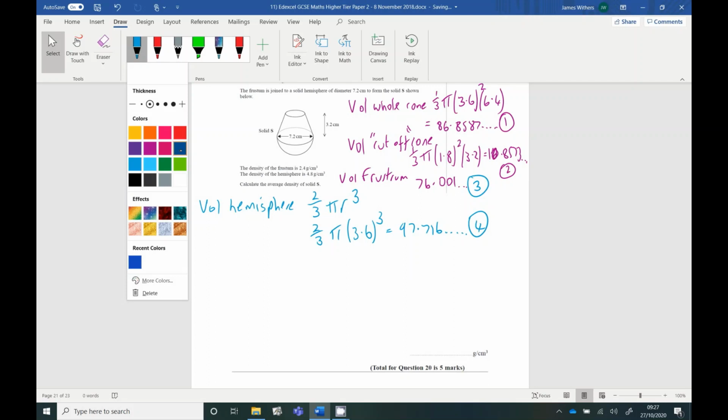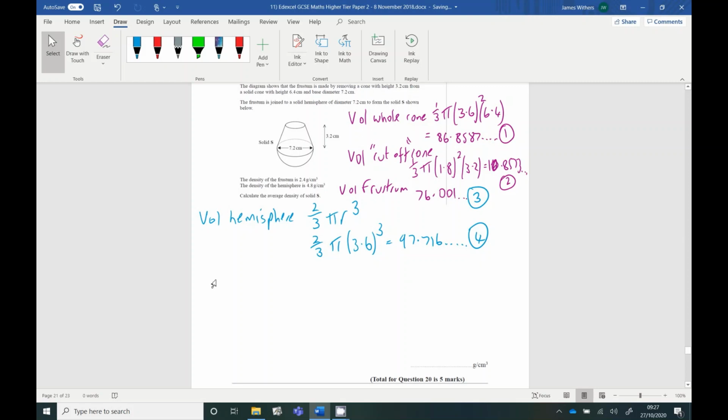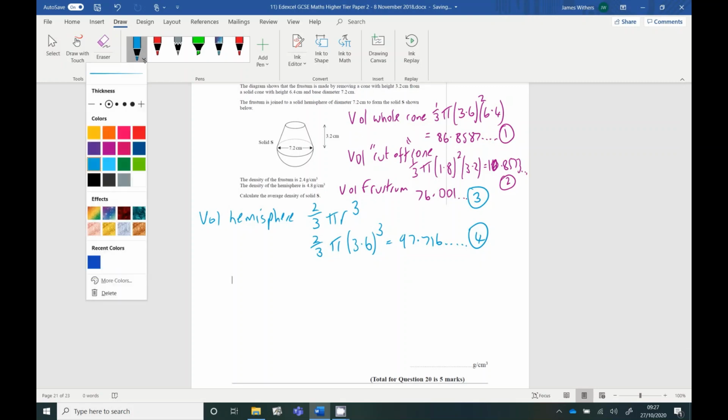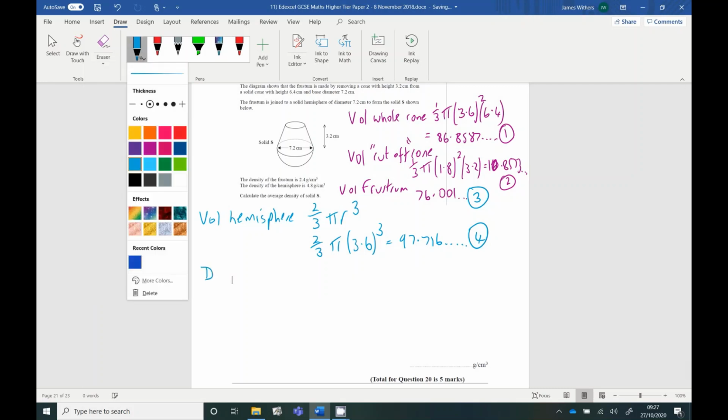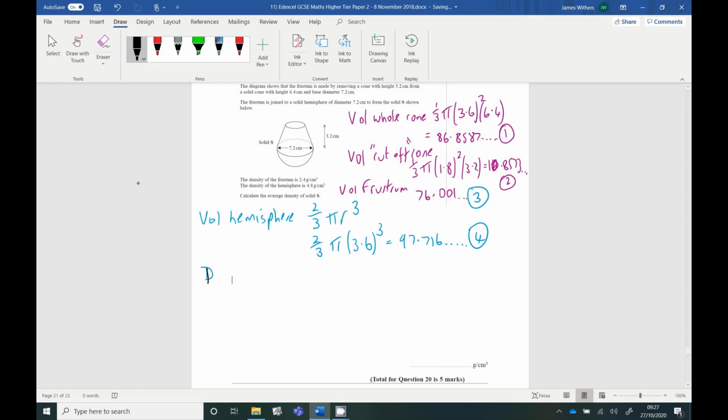Now we know that density, let's do this in black, density equals mass over volume. Got to learn that. So rearranging that, mass equals density times volume.